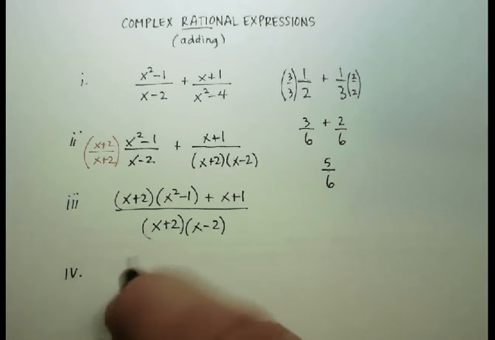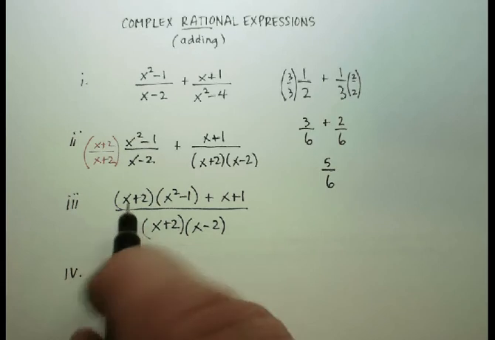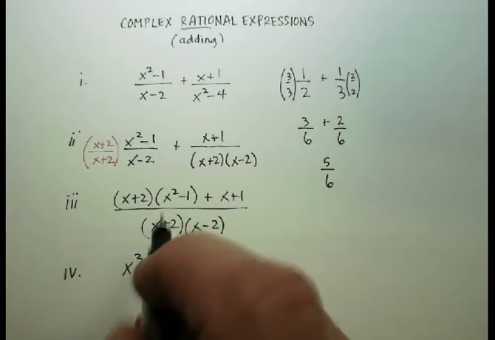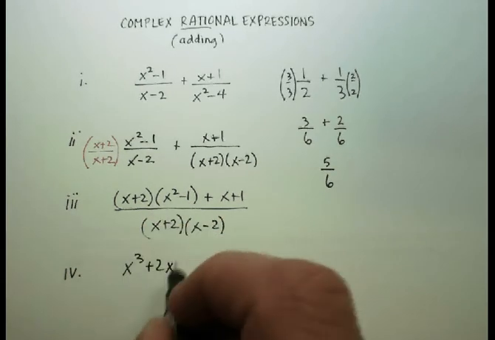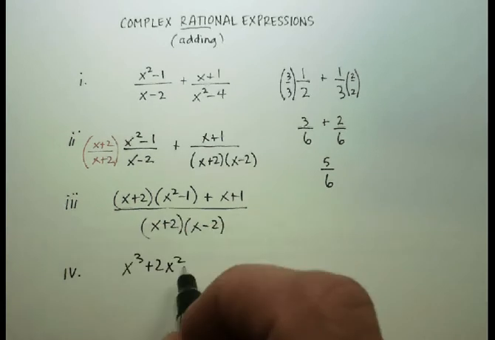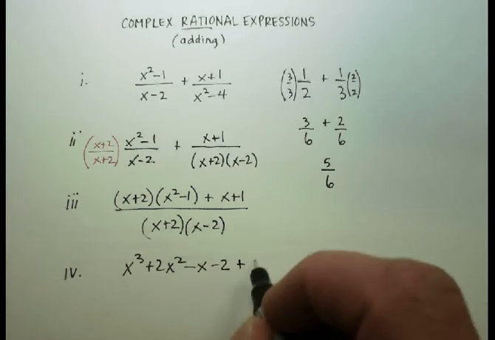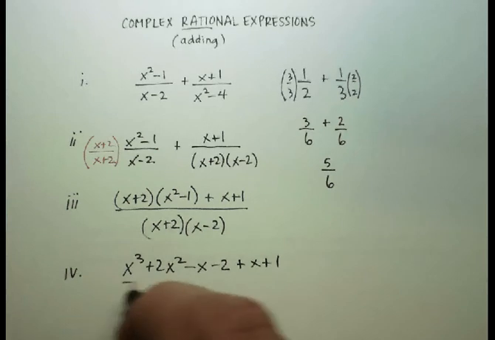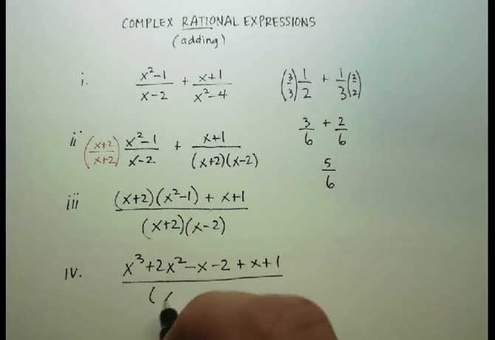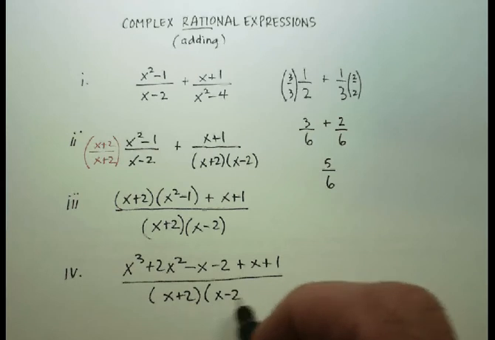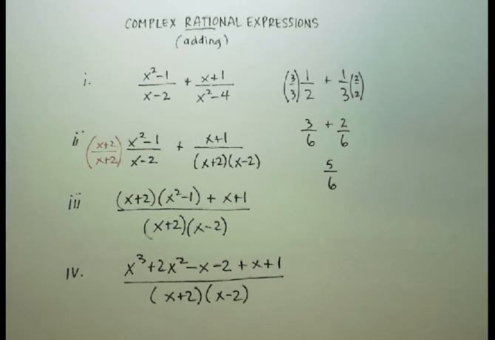X times x squared is x cubed, plus 2x squared, minus x minus 2, and then plus x plus 1. And then down here, I still have the same denominator.